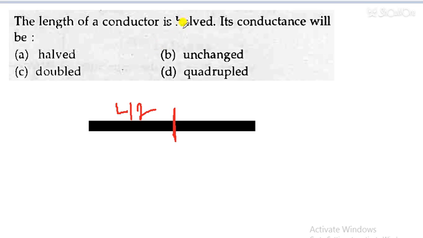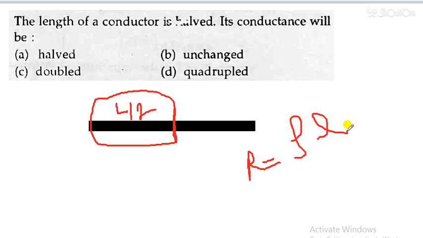So the length of conductor is halved, so this will be the length of the new conductor. He is asking about its conductance, not about resistance. We know resistance is equal to rho into L upon A. Now if length is halved, resistance is halved, because we are changing only length, we are cutting it from the center, not stretching it.